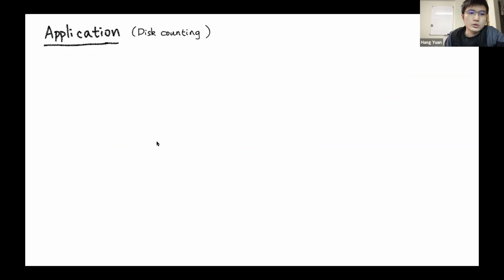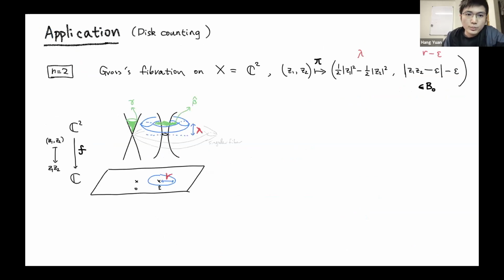So here is the application. I want to particularly consider the Gross fibration on C^2. It is explicitly written in this form. And you can also visualize the Gross fibers from this map.